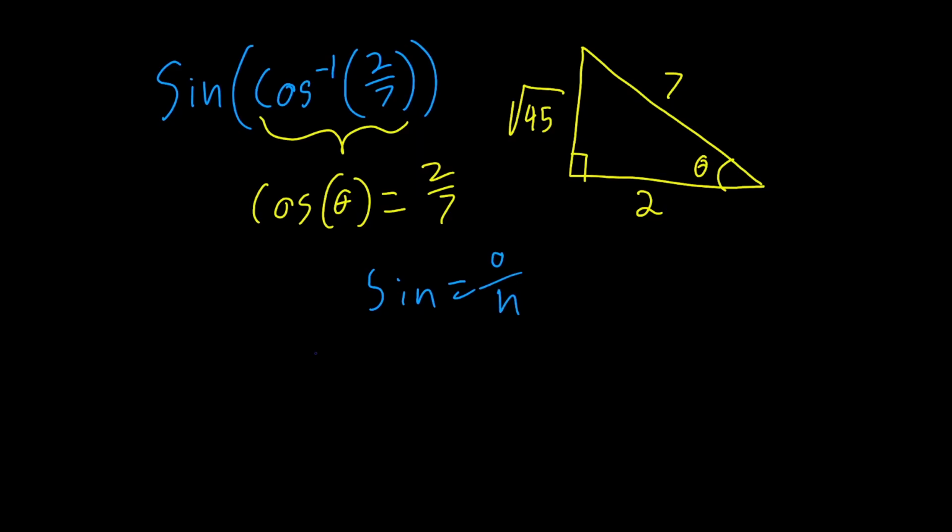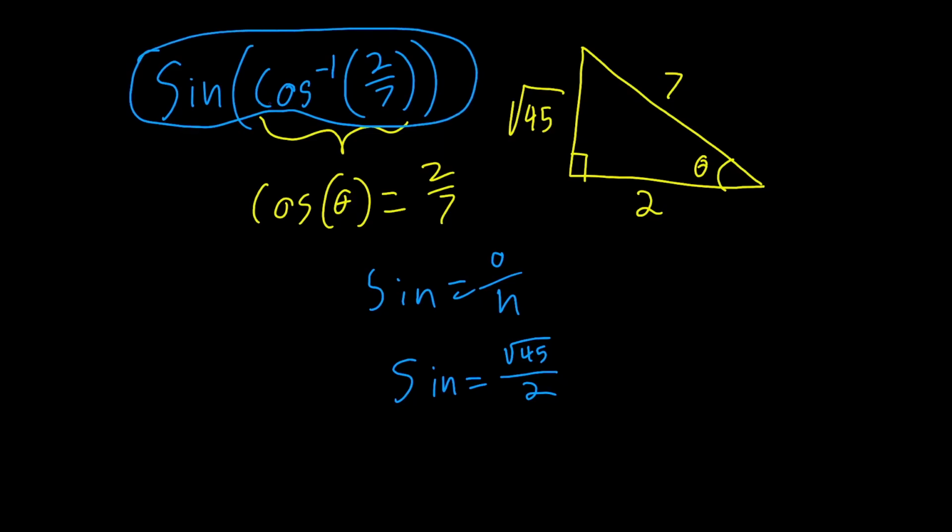So we are going to have the sine is equal to root 45 over 2. And that is the answer for all of this mess up here. It's going to be root 45 over 2.